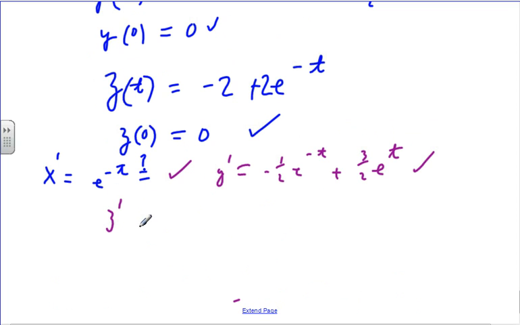Z prime is equal to minus 2 e to the minus t.